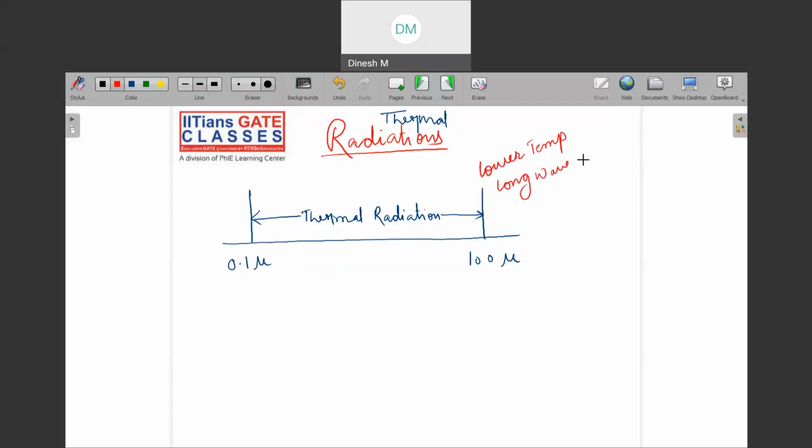And here, what do we have? Short wavelengths. And here what do we have? Higher temperature, right? So higher temperature and then we have short wavelengths. Okay, so this is your electromagnetic spectrum.